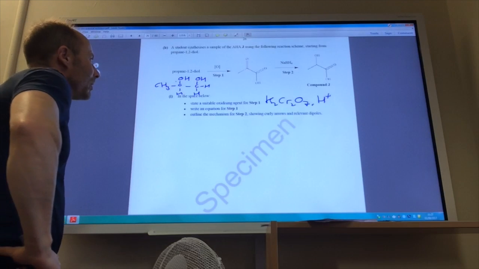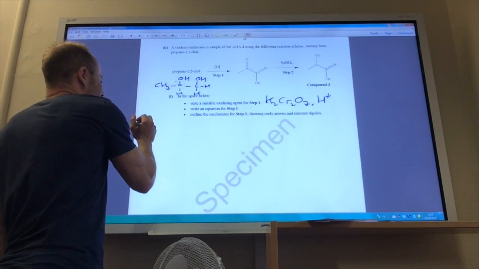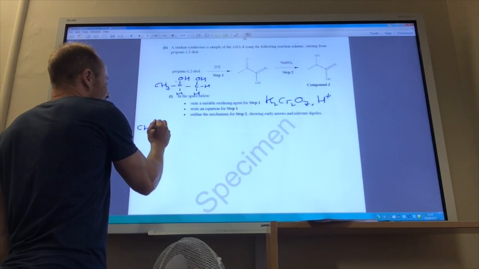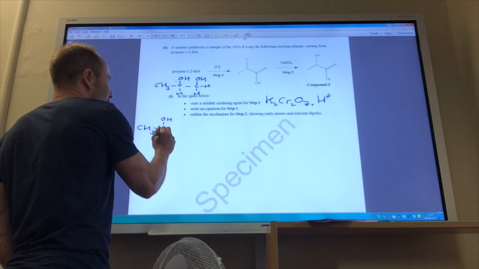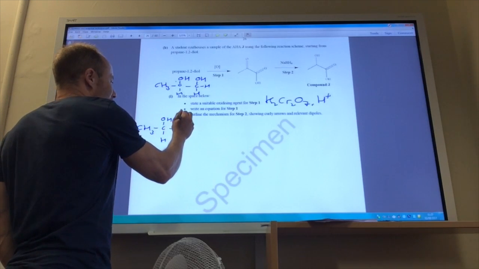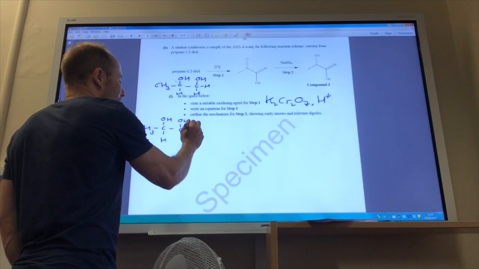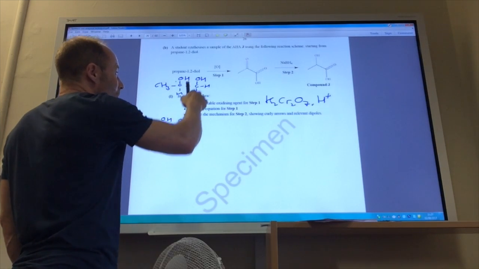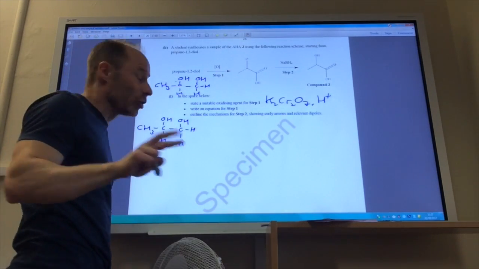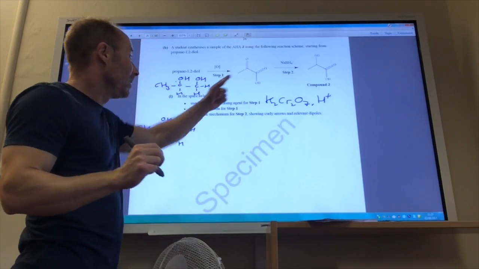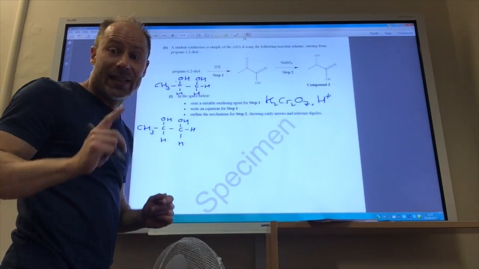Write an equation for step 1. This is where you've got to be a little bit careful. I'll draw it out again. You've got your propane 1,2-diol, like so. Now, you are going to oxidise this to a carboxylic acid, so that's going to take 2 oxygens. You're going to oxidise that to the ketone group there, so that's another one.